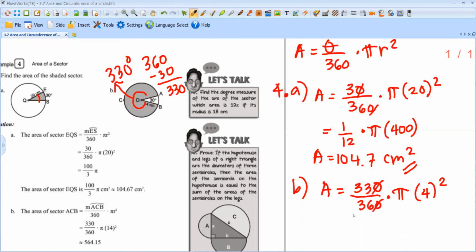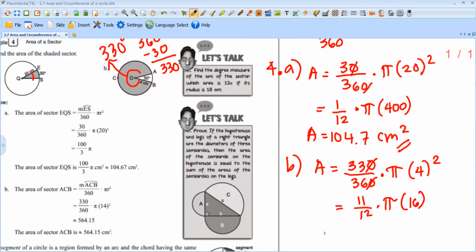So remove that, and that's 33 divided by 3, that's 11 over 12 times pi times 16. All right, so get this, 11 over 12 times pi times 16. So the answer is 46.1. So the area is 46.1 square centimeters.